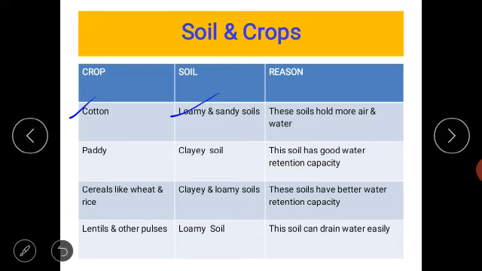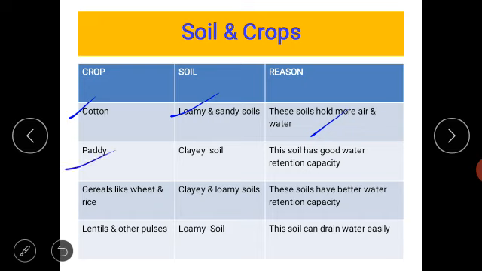What is the reason that cotton can grow in such soil? These soils hold more air and water. Loamy soil can hold more air and water, and cotton can also grow in sandy soil in less water conditions. Next, paddy.